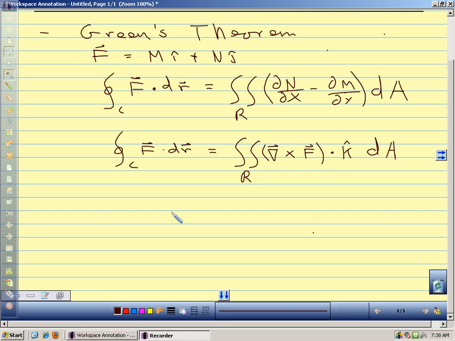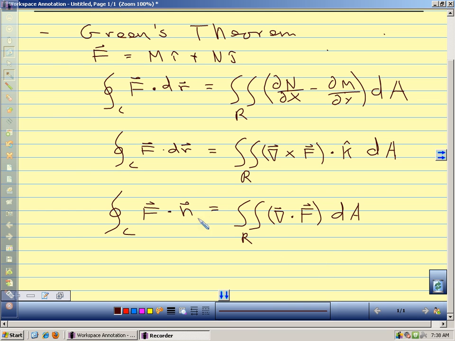What we're interested in today is the version of Green's theorem for the normal component of F. The integral around our closed curve of F dot n, the normal component of our field, was equal to the double integral over our region of the divergence of F. This tells us that the outward component of F around the boundary is equal to the integral of that divergence over the region.